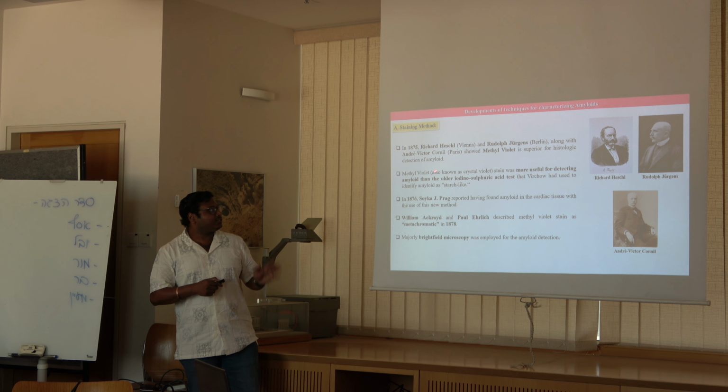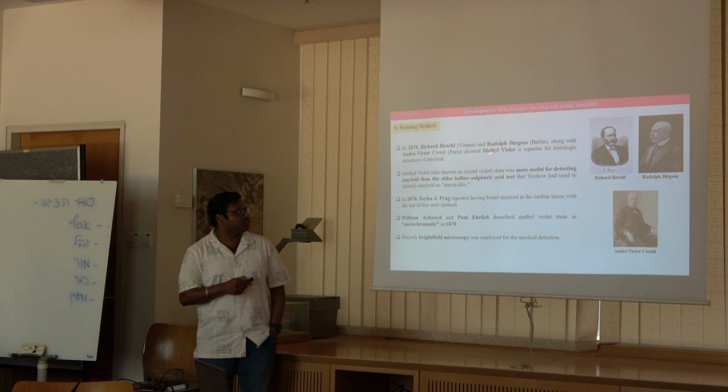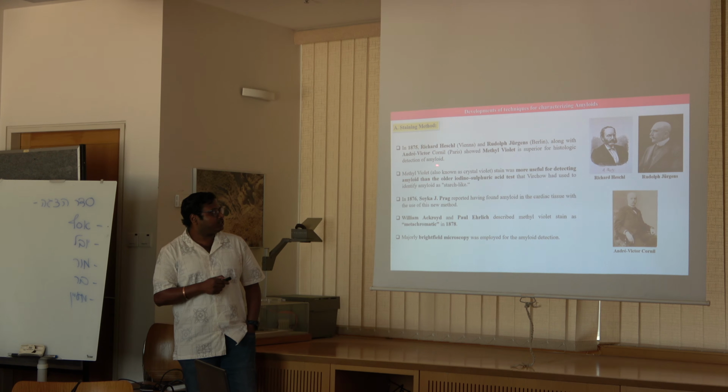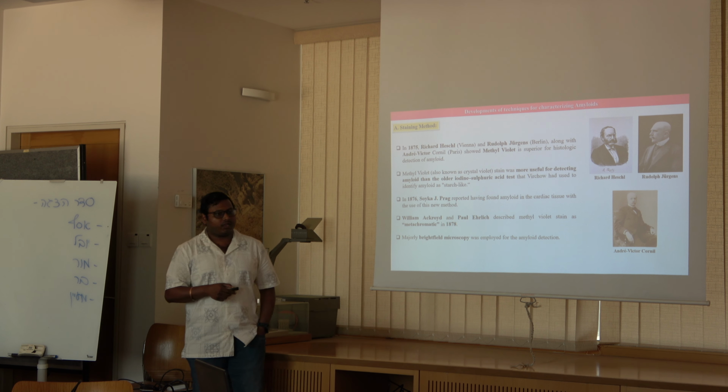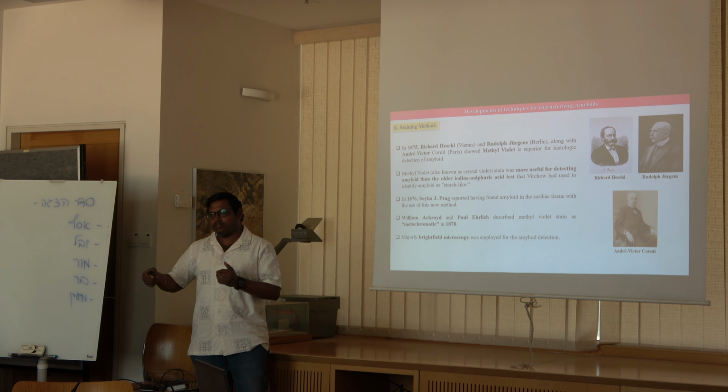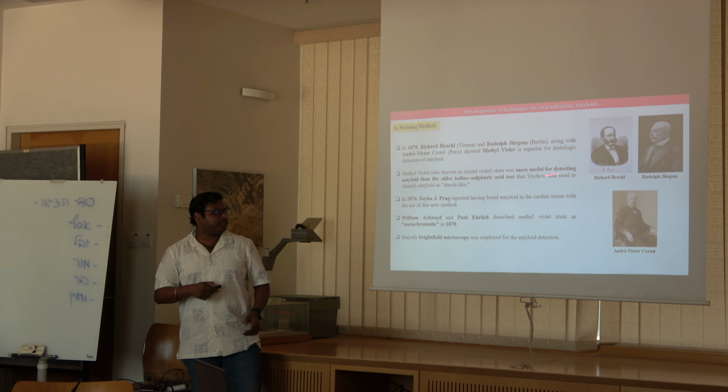This is the first use of a staining dye, methyl violet, in 1875 by Richard Heschl, Rudolf Jürgens and Andre Victor, who used methyl violet for detecting the amyloid, and they discarded the earlier used iodine sulfuric acid test, which gave the color of starch.